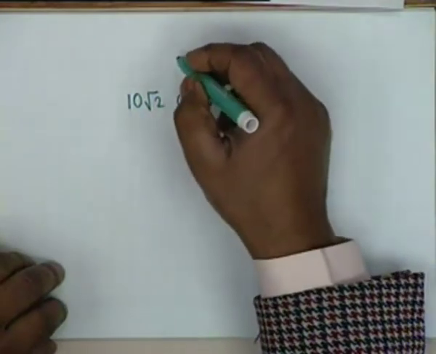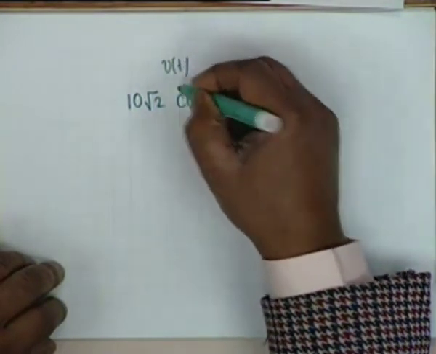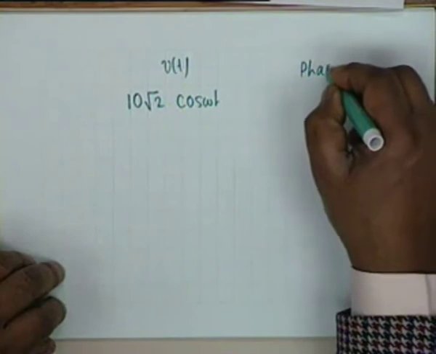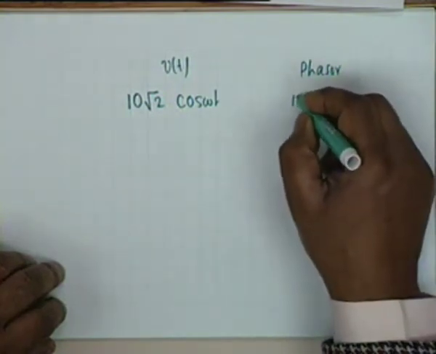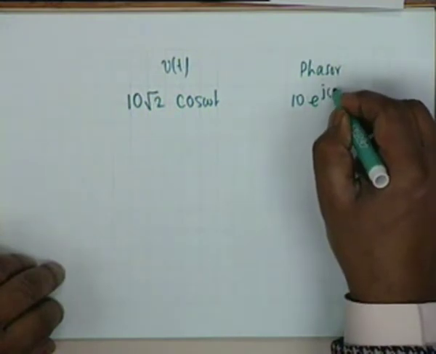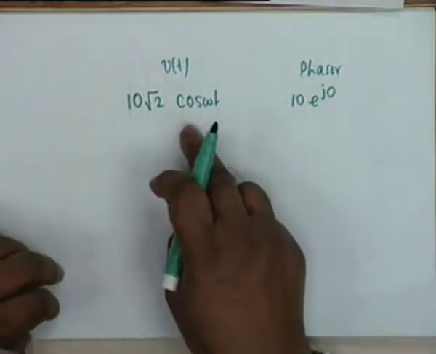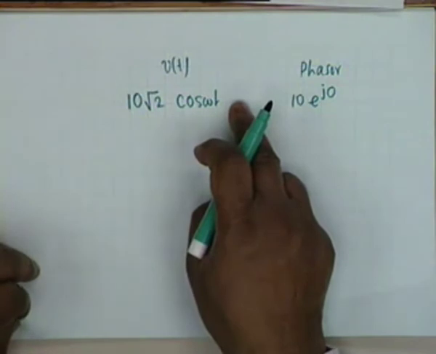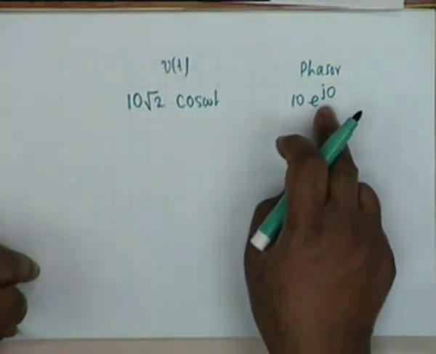This is the actual voltage or current, let's say v(t). What would be its phasor? Its phasor would be 10 e to the power j 0. There is no theta, theta is 0, so this is its phasor representation.